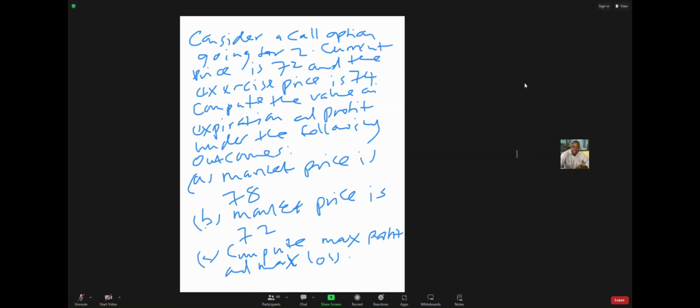We will also compute the break-even price, just for illustration purposes.